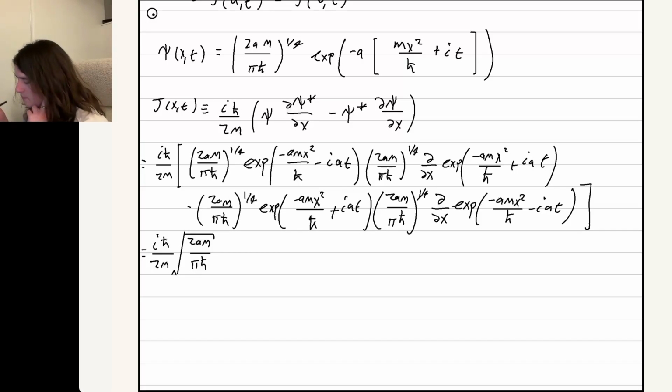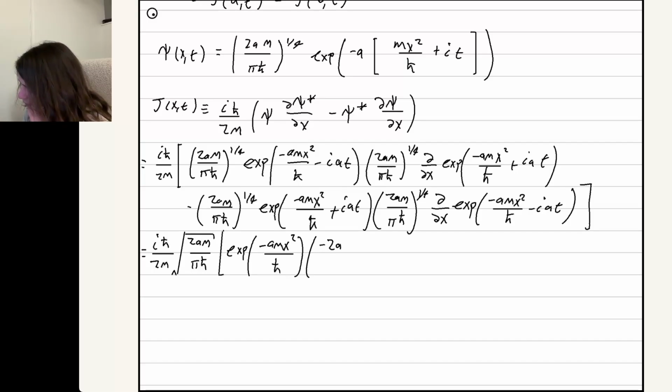And then what we're left with in here is just exp of minus amx squared over ħ, and then that derivative is minus 2amx over ħ times exp of minus amx squared over ħ.